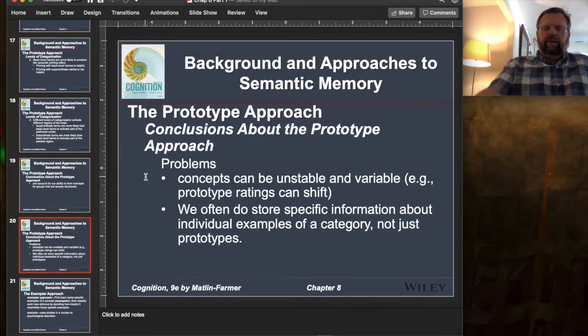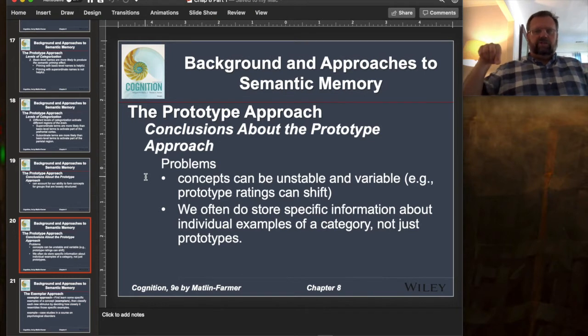And then the second problem that we find is that it's often the case that we actually do store specific information about individual examples of a category, not just the prototypes. So it does seem to be the case that even though we may have a prototype to lead us in certain aspects of the categorization process, we still hold on to specific information about the individuals that are contained within that category.